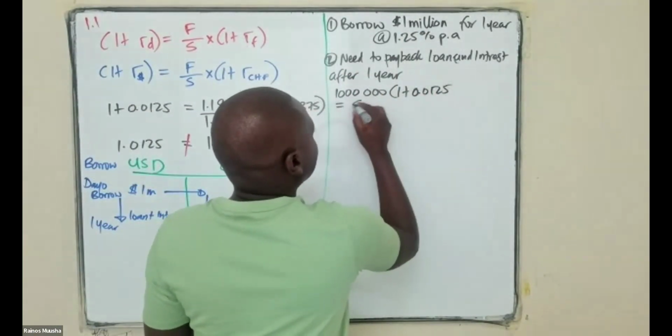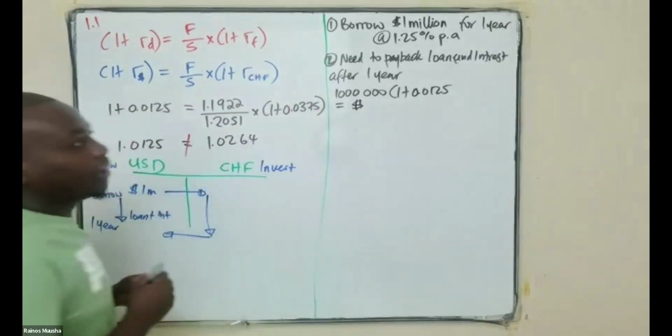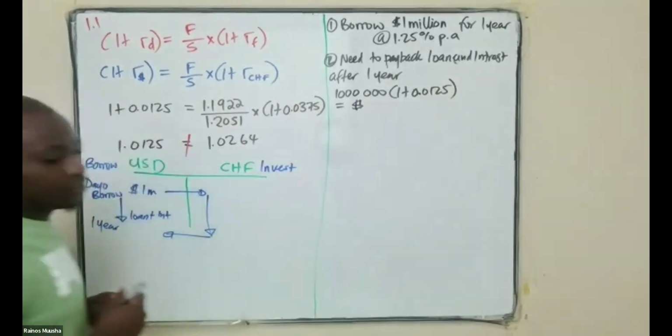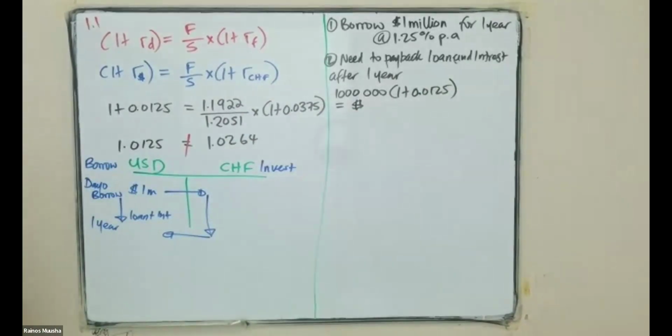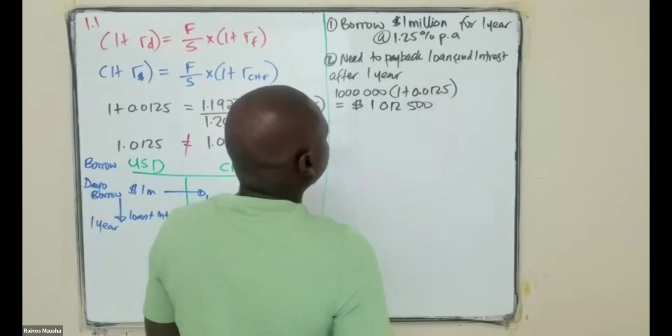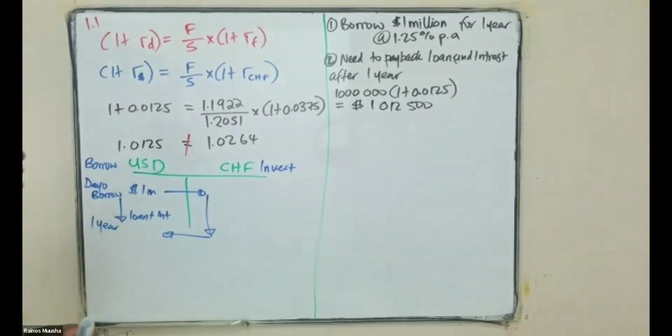So how much do we need to pay back after 1 year? $1,012,500. So that's the amount that we know that we need to pay back, is it right?